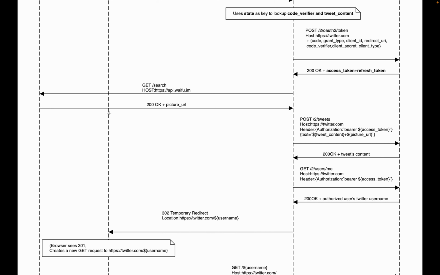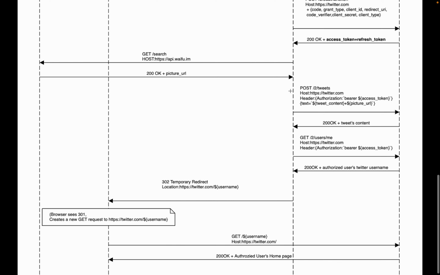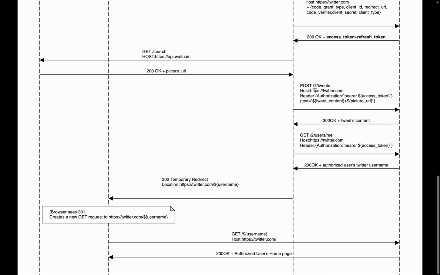The second API will send back 200 OK with the JSON, and we will parse the JSON to take out the picture URL. As we get the picture URL, we're going to post a tweet. So we do a POST request to this endpoint with the header.